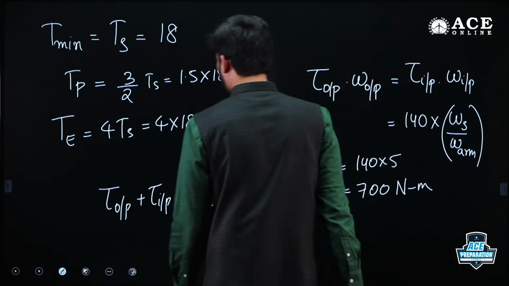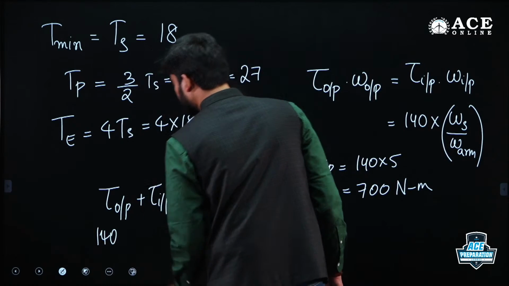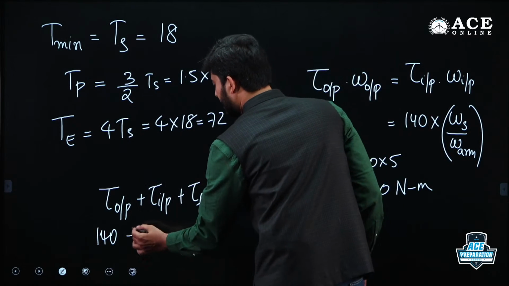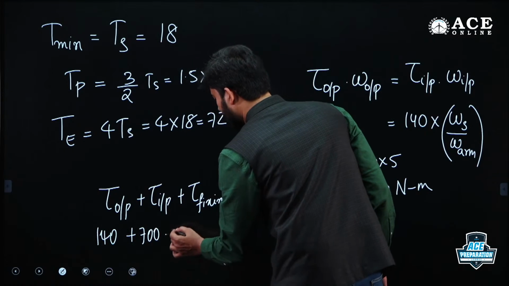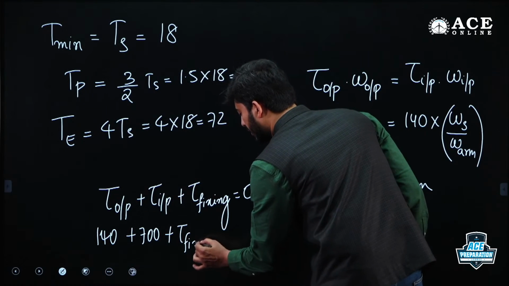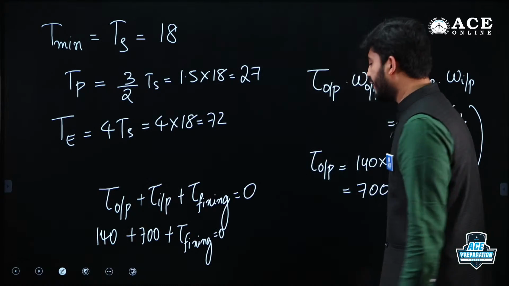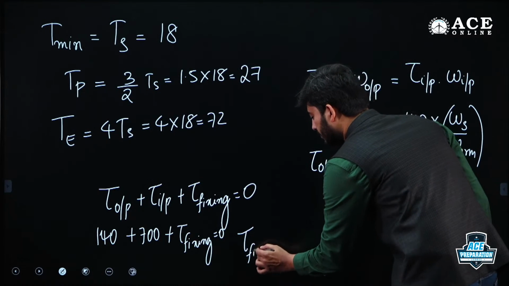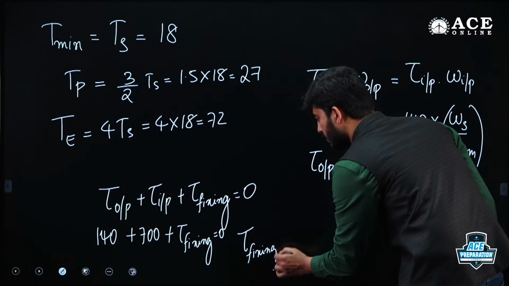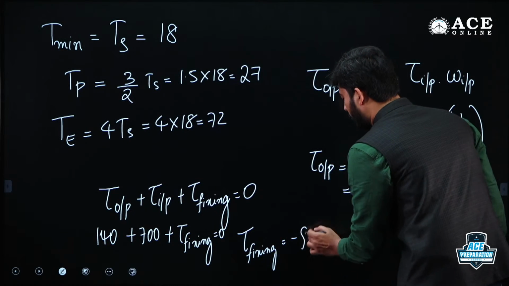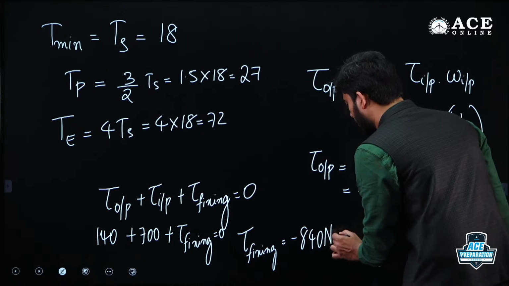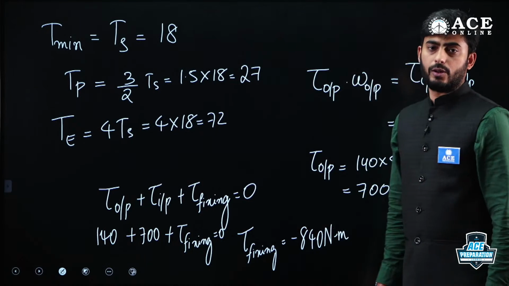Input is given to us as 140 and output is 700, guys, and T fixing is to be calculated. So T fixing will be equal to minus 840 Newton meters. Okay guys.